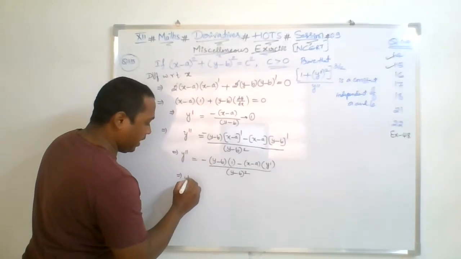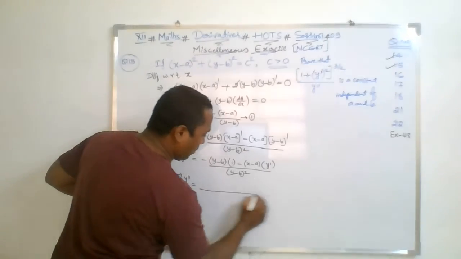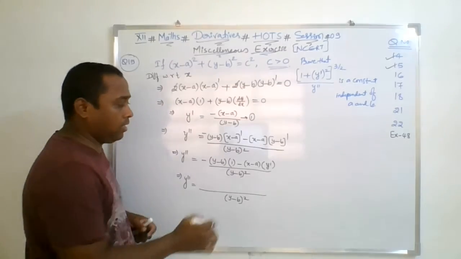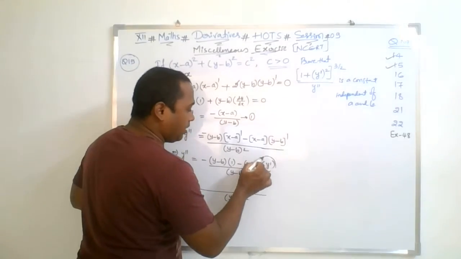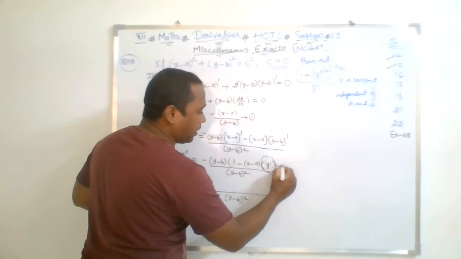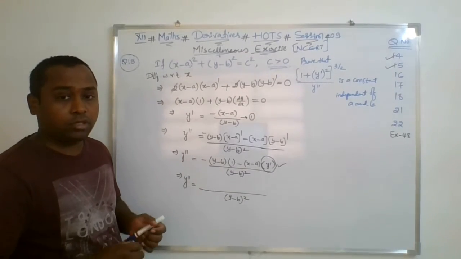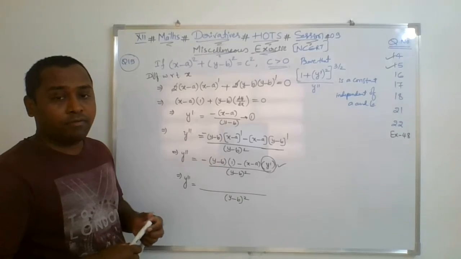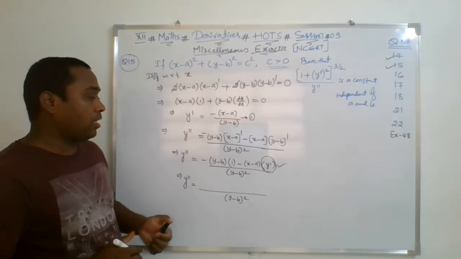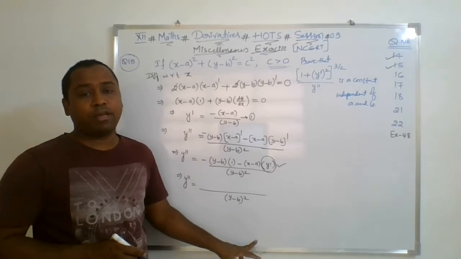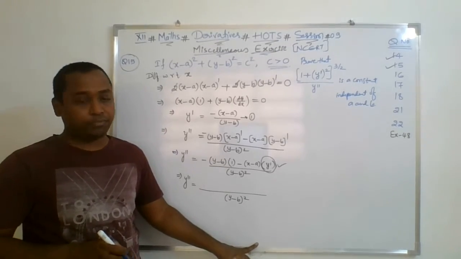Now y double dash equal to, now I can simplify further by substituting the value of y dash over here. This is a turning point of the solution, or a hint you need to remember: if you substitute the y dash value over here, then this will be a very easy question for you, right?